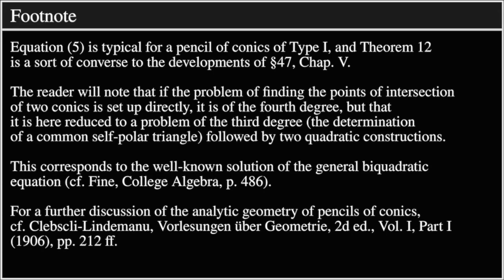This corresponds to a well-known solution of the general biquadratic equation, cf. Fine, College Algebra, page 486. For a further discussion of the analytic geometry of pencils of conics, cf. Clebsch, Lindemann, Vorlesungen über Geometrie, 2nd edition, Volume 1, Part 1, 1906, pages 212 forward.